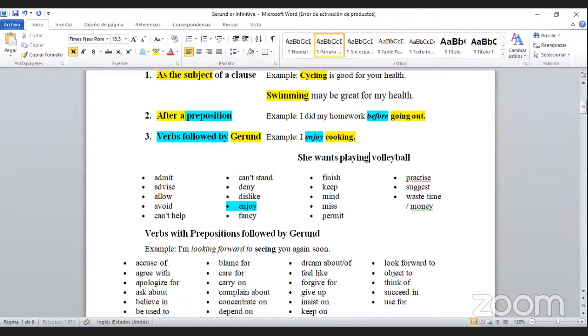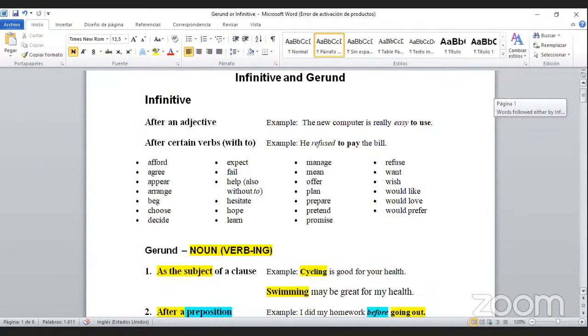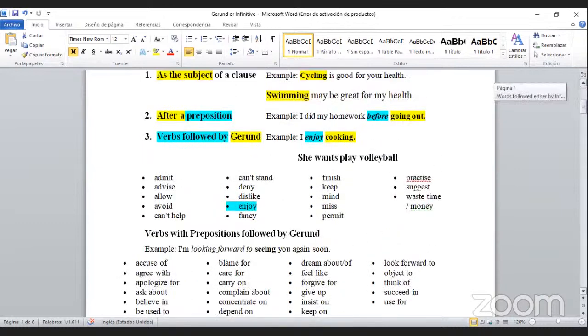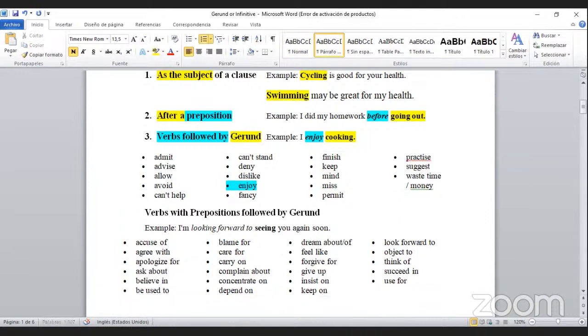So here, would it be incorrect if I put "playing"? It's going to be incorrect. Why? Because the verb want works with infinitive. For example, here, want, and I always have to put "to" and the verb, right? But this is not the case with gerund. It doesn't belong here.